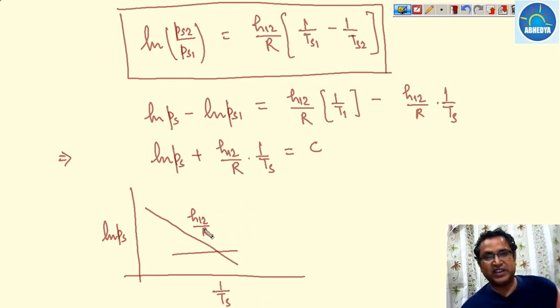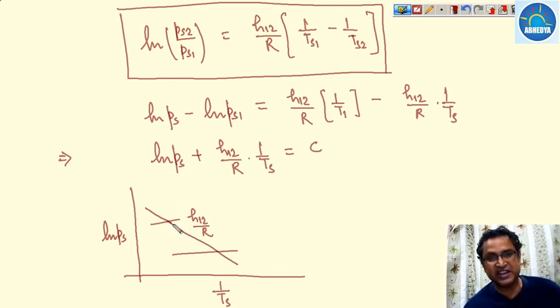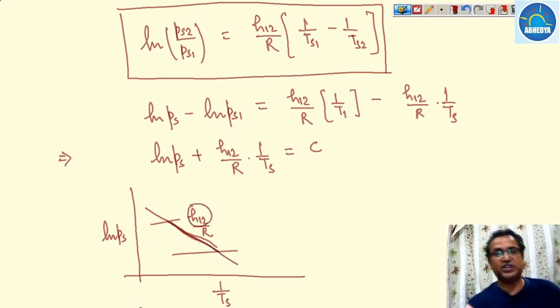We can easily find the latent heat of vaporization by calculating the slope of this line and multiplying by R. So you will get the latent heat of vaporization between any 2 points. Suppose one point is here and the other is there, then if you calculate the slope of this line, you can easily find the value of H12.